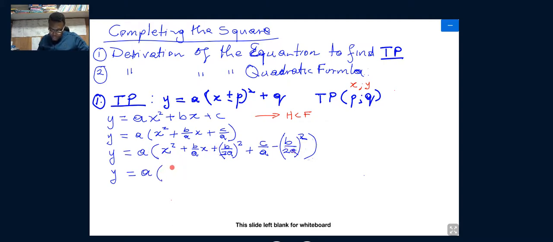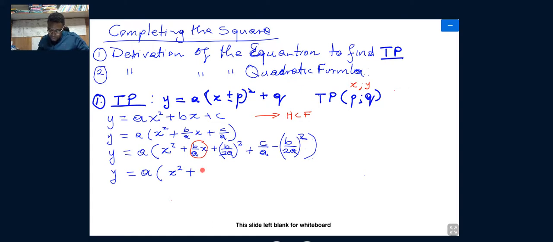What are we doing here? x squared plus, this term will fall off, this one, it falls off.